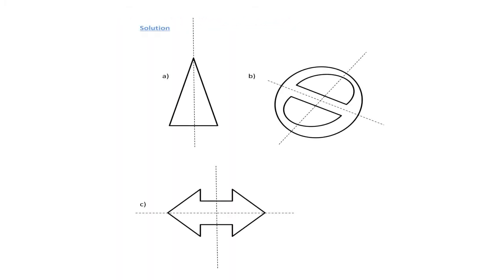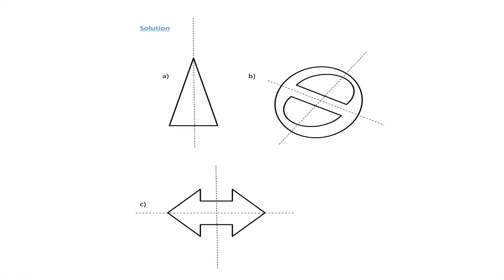And finally, let's look at that example. We have those three shapes, the triangle, the circular shape with semicircles in between, and the double arrow. As you can see, the lines of symmetry are indicated. The triangle is just like an isosceles triangle with one line of symmetry. The circular shape has two lines of symmetry, as we can see.